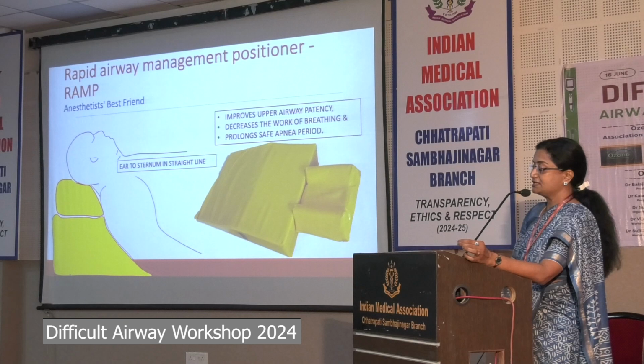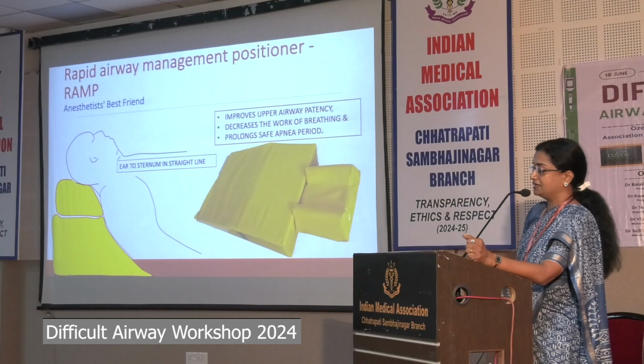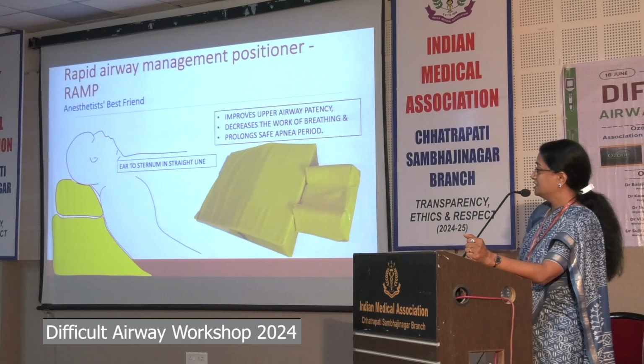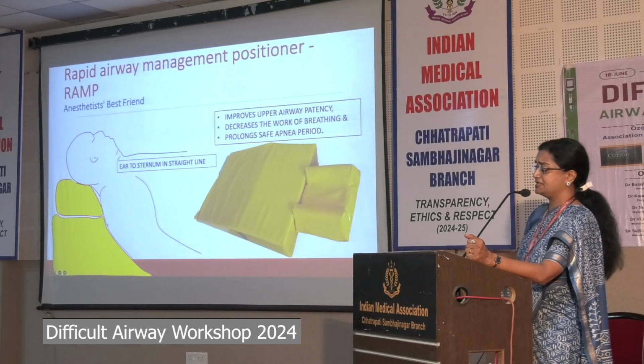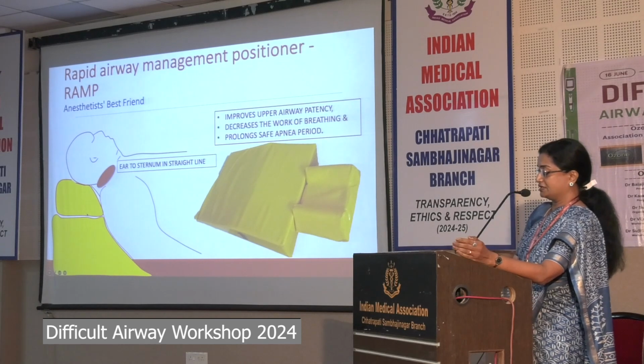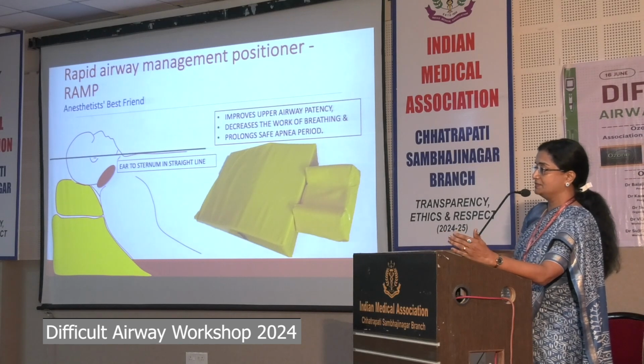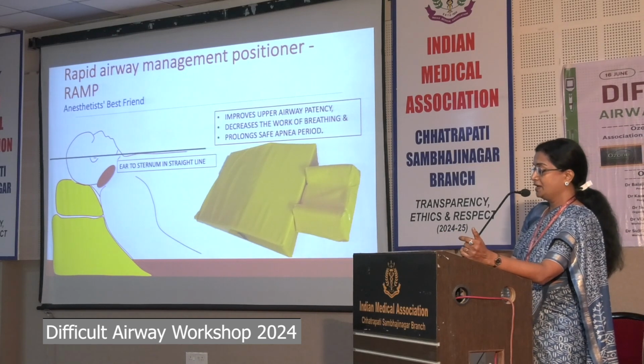It is ready-made and FDA approved and available in the market, but if you do not have it, you can use pillows and bed sheets to position the patient so that the ear to sternum is in a straight line. This opens and improves the airway.